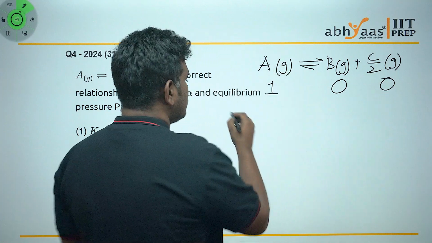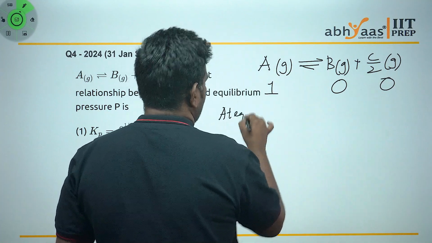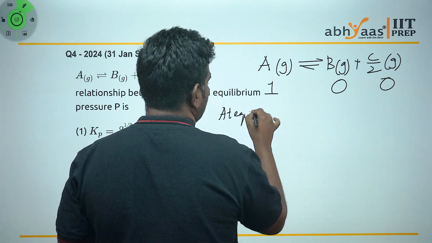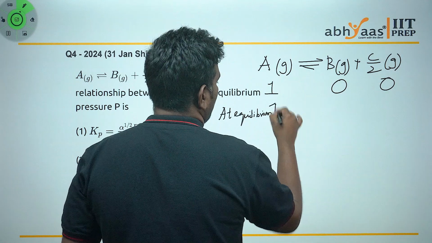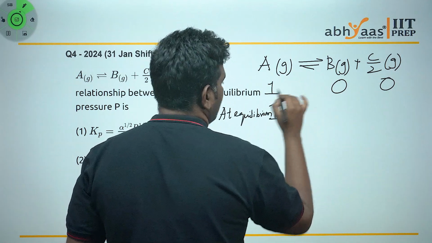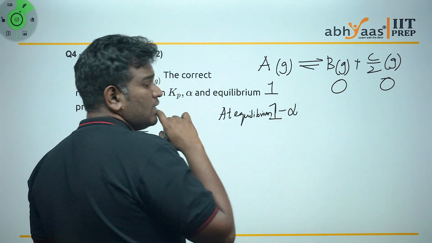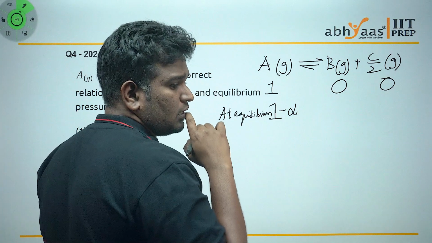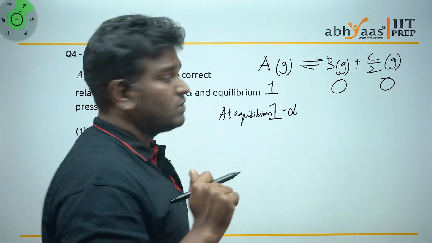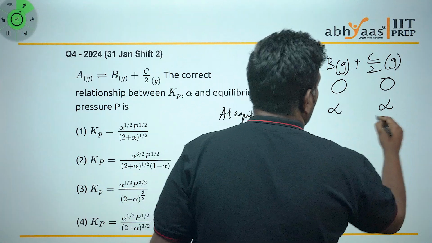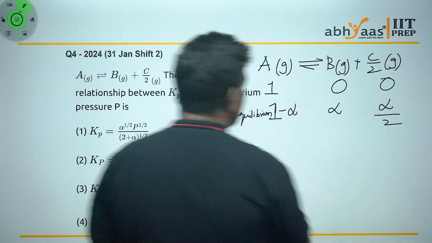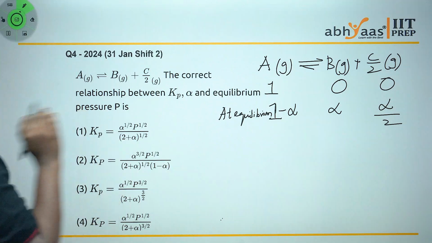Now, at equilibrium, you know that it will become 1 minus alpha, right? That is the degree of dissociation. Then here it will be alpha. Here it is alpha by 2.